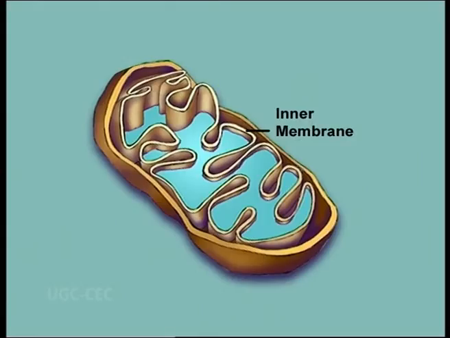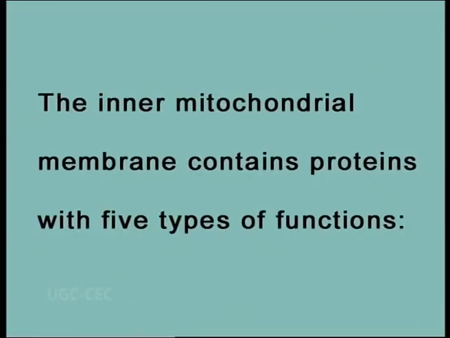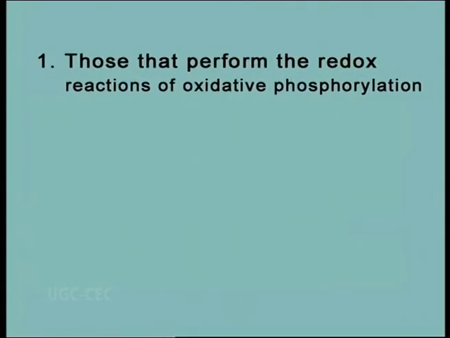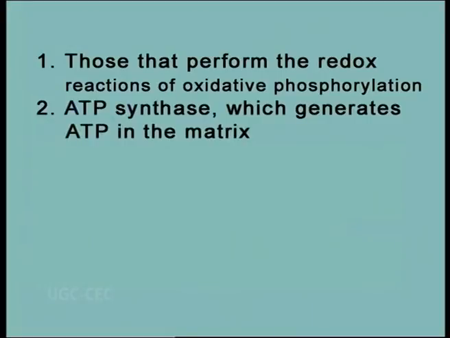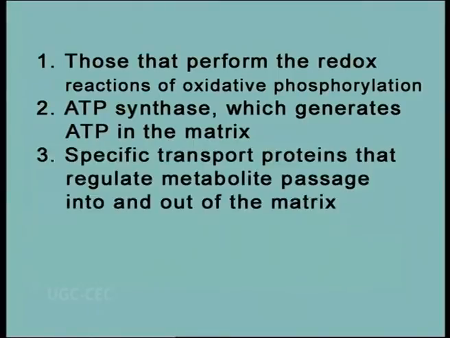The inner mitochondrial membrane. The inner mitochondrial membrane contains proteins with 5 types of functions. First, those that perform the redox reaction of oxidative phosphorylation. Second, ATP synthase which generates ATP in the matrix.